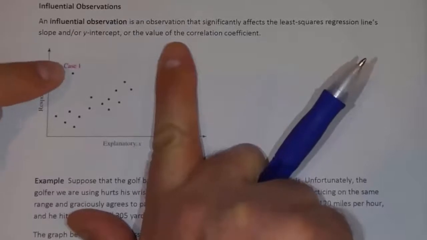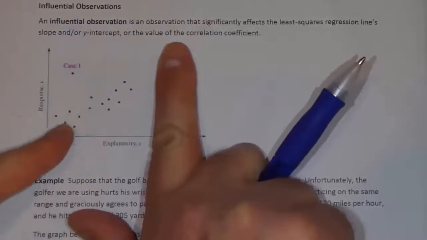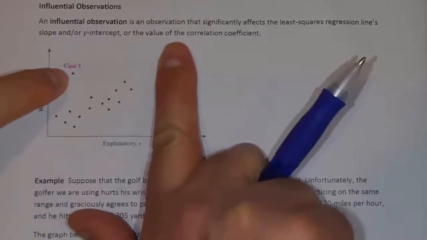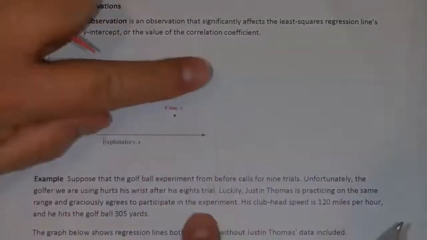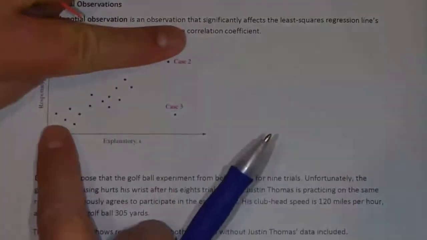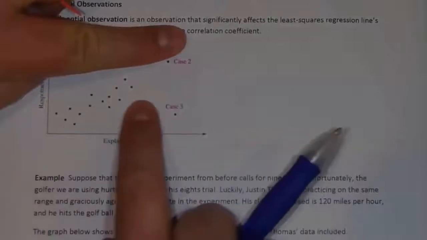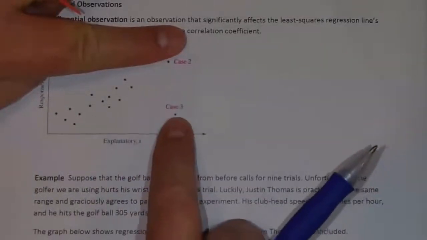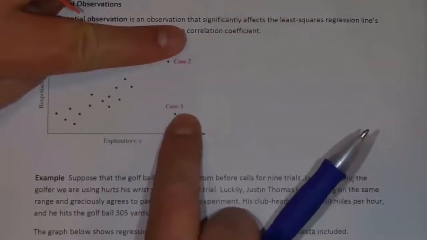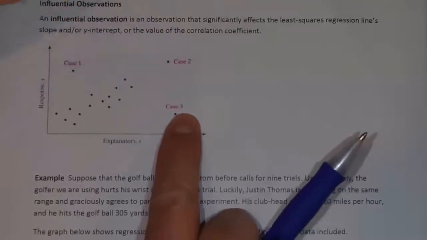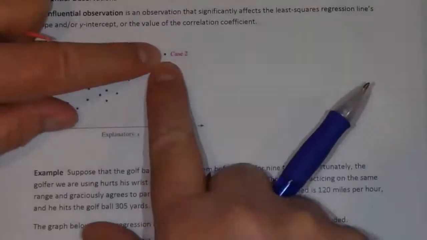But if you have a point over here, the regression line is going to get pulled towards that point. So that's going to mess up our model. So we have to be aware of that. Similarly, case 3, same kind of deal. That point's down over here, so our regression line is going to get pulled towards that point. So that's going to mess up our model. And then the third possibility is it may be over here.